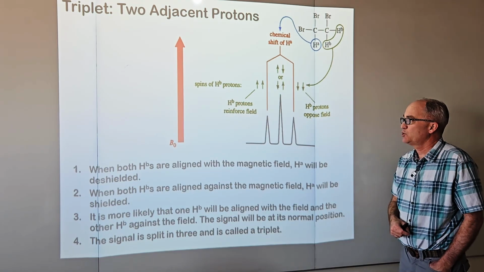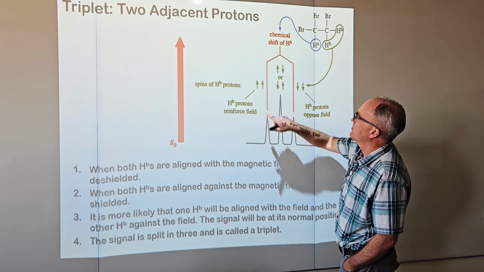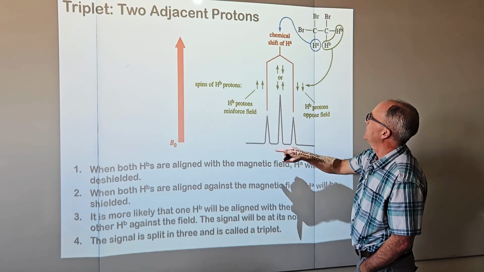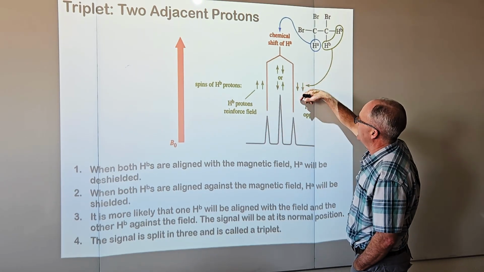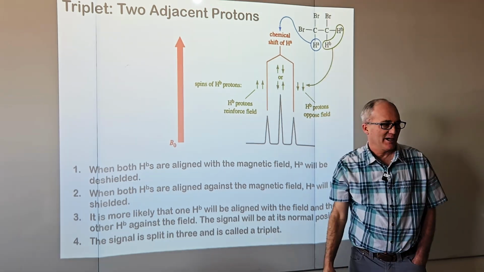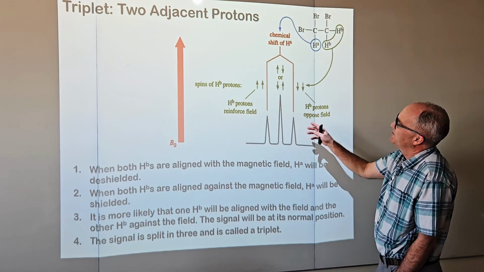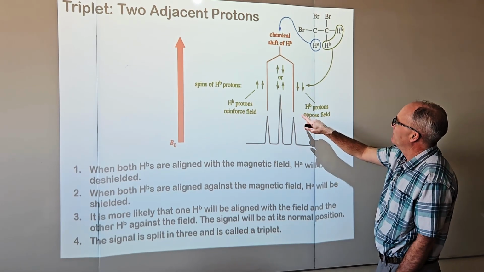Now we see a triplet. So here, if both these protons are pointing this direction, it's reinforcing the field. If both these are pointing down, it opposes the field. Here, one's up and one's down. How many of you like binary numbers for figuring out all the options? That's kind of how I think about this.